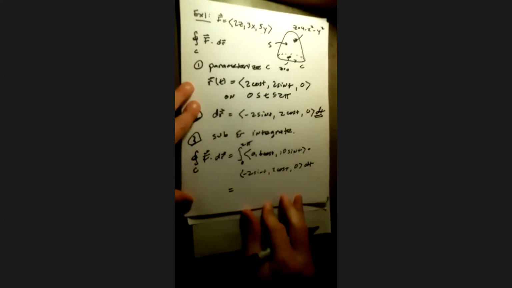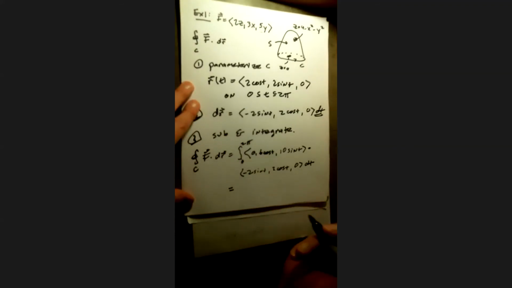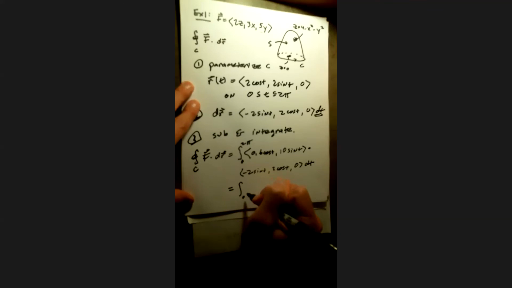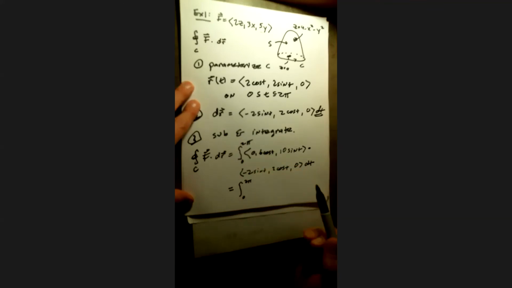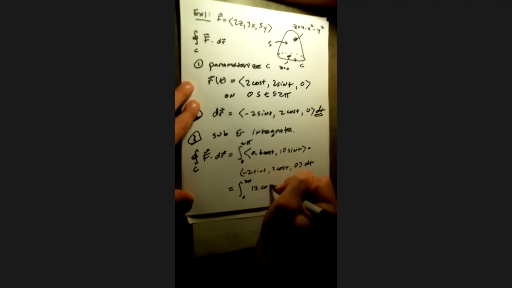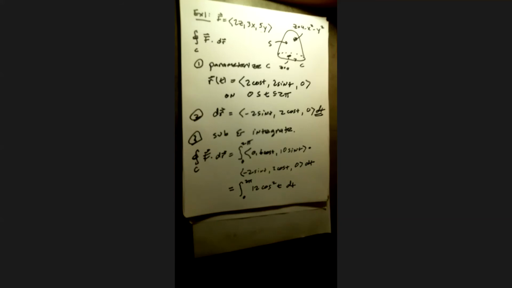All right. So if you dot all that stuff, what do you get? 12 cosine squared. Nice. Okay. And then we have to use our half angle identity and we evaluate, and that part is just a whole bunch of writing, right?